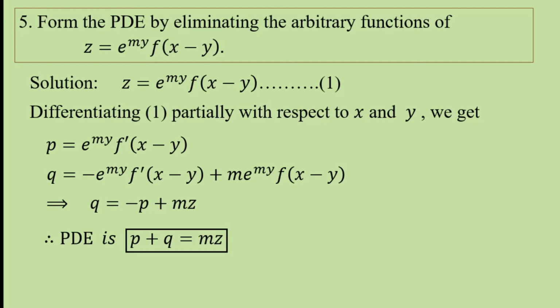R is dou square z by dou x square, s is dou square z by dou x dou y, and t is dou square z by dou y square. And one more type is u equal to f of v, or f of u comma v equal to 0. Then the PD is ux vy equal to vx uy. So those are the two direct types, and the other type is miscellaneous problems.